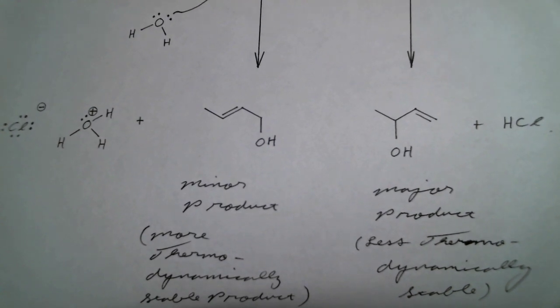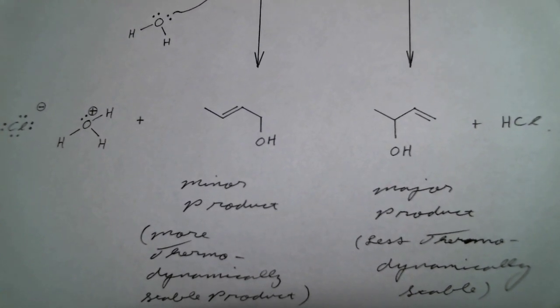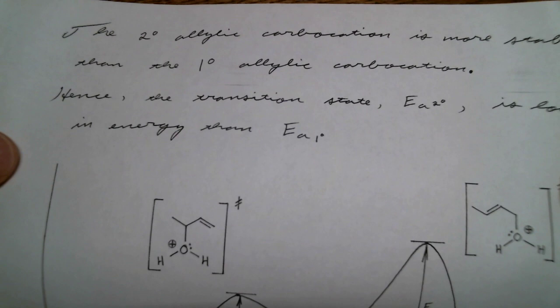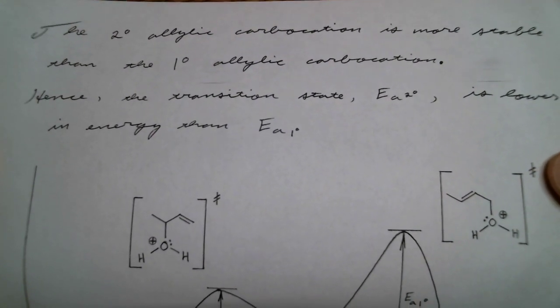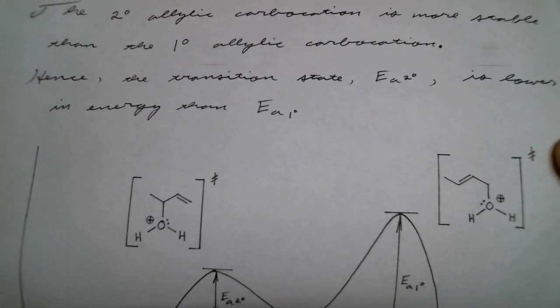Let's look at an energy versus reaction coordinate diagram for this reaction. The secondary allylic carbocation is more stable than the primary allylic carbocation, right?